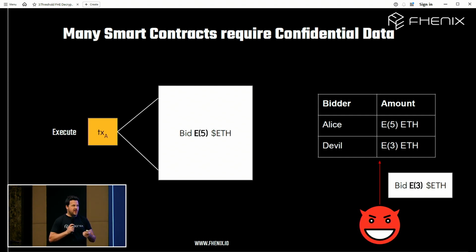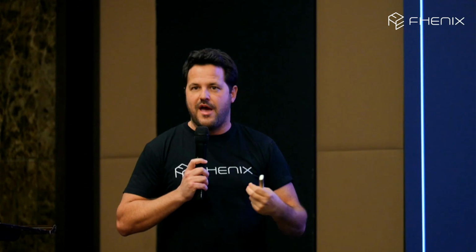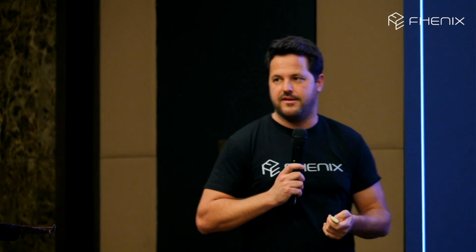Clearly, and we know this from game theory and auction theory, if you do sealed-bid auctions, you keep the inputs encrypted and private. Alice encrypts her bid, everyone encrypts their bids, then there's no information to gather and you can't mount these kinds of attacks. And there are many, many use cases like that that we see in the real world.